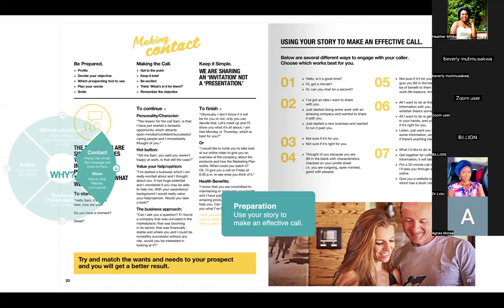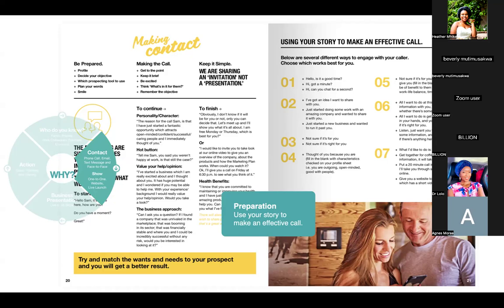And this part is where you want to introduce what it is that you want to talk about. So I have some samples there of what you can say. The first part, you can maybe say, the reason for my call is that I've just started a fantastic business opportunity which attracts open-minded, confident, successful people.